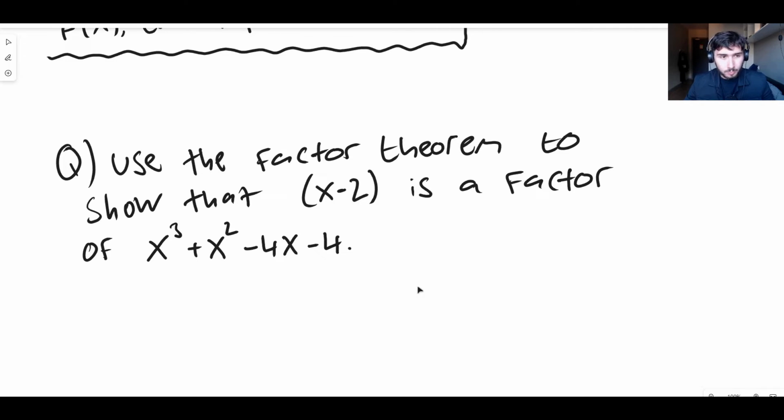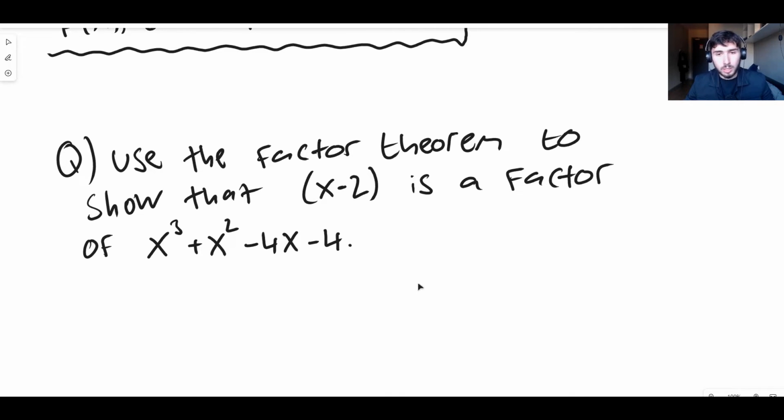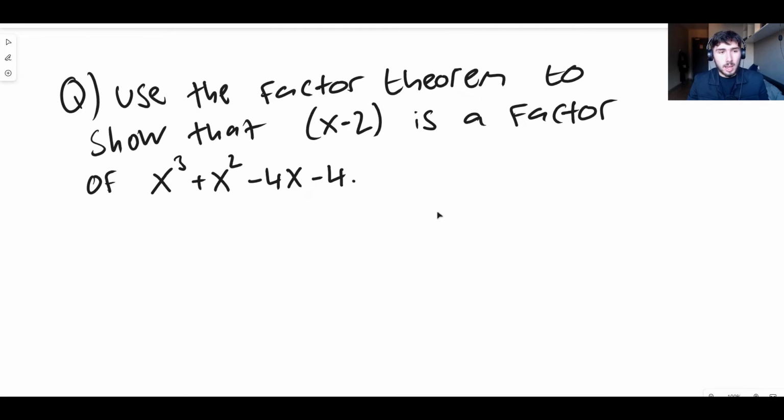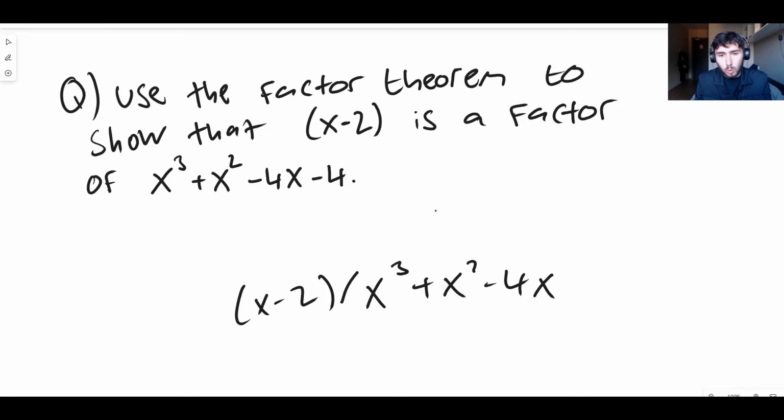Use the factor theorem to show that x minus 2 is a factor of x cubed plus x squared minus 4x minus 4. You might say, I know how to do this. I can use polynomial long division: dividing x cubed plus x squared minus 4x minus 4 by x minus 2, I should get 0 as a remainder if x minus 2 truly is a factor.